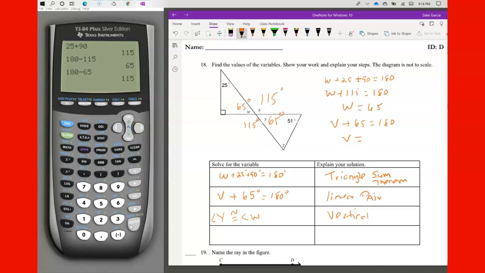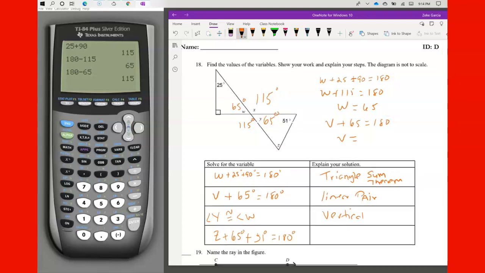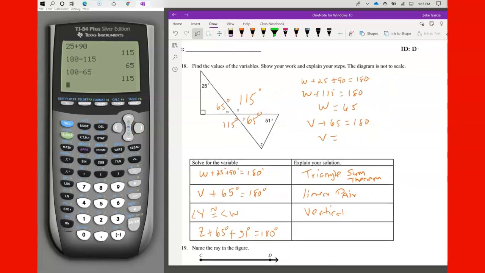So now to find the value of Z, it's going to be Z plus 65 plus 51 is equal to 180, and that's the triangle sum theorem. So let me go ahead and add 65 plus 51. That gives you 116.